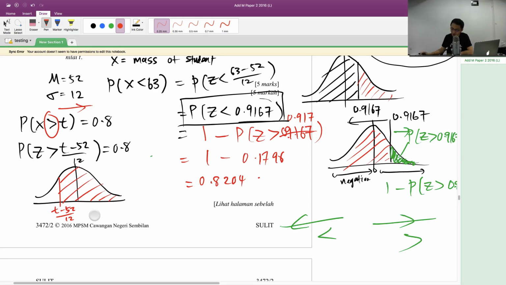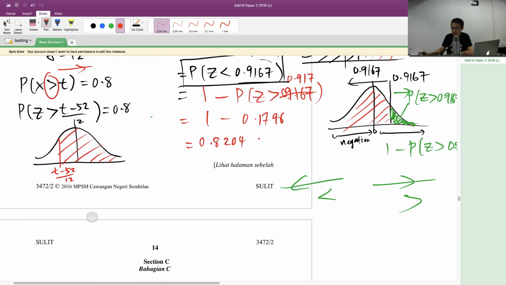Alright, and then now you have another problem like just now. It's more than 0.5 already. You cannot find from your table. So what you can do here is use this area. This area basically is 0.2, right? So let's say the whole thing here, I call it k. So I know probability for z is less than negative k, because going this direction, equals 0.2.